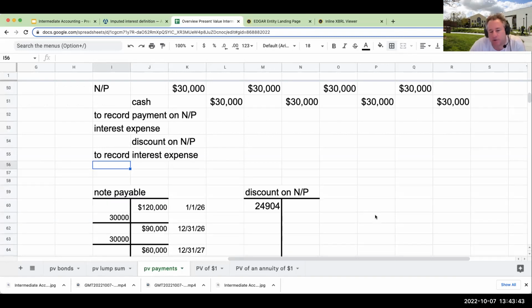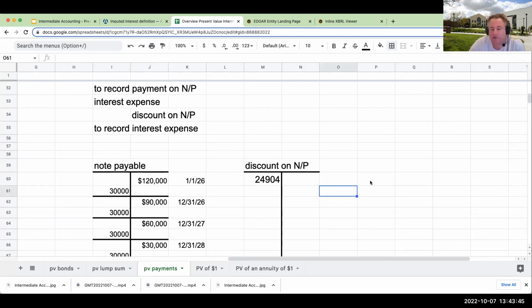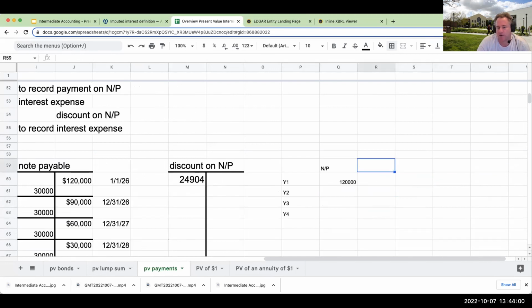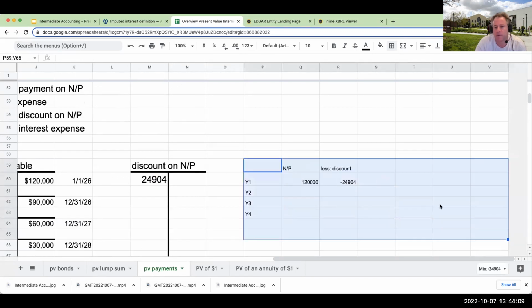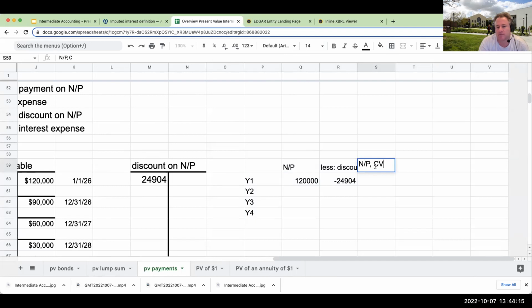Okay, so to go through and do this part over here, how much do I amortize my discount by? So over here, year 1, year 2, year 3, year 4. Prepayment, my note payable was $120,000. And over here, less my discount. My discount on notes payable out the gate was $24,904. This is going to give me a note payable carrying value of $95,096.